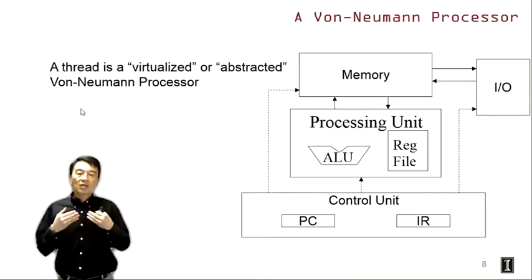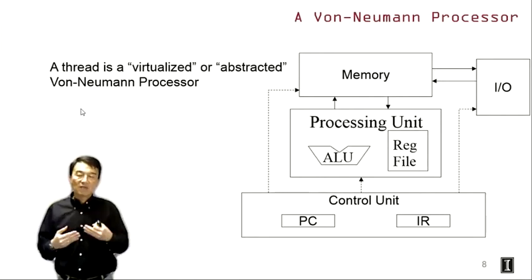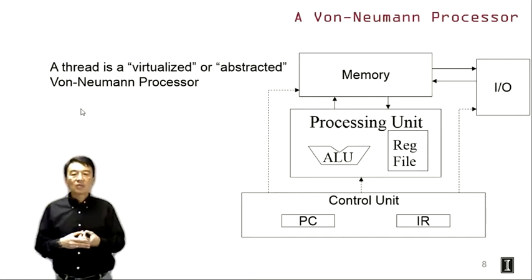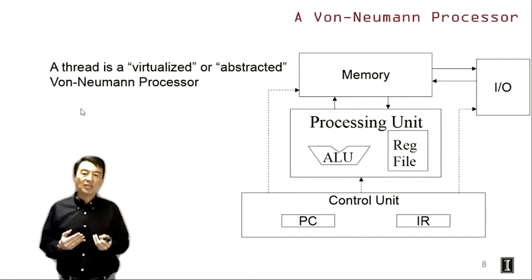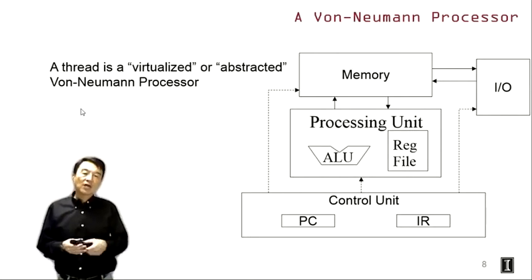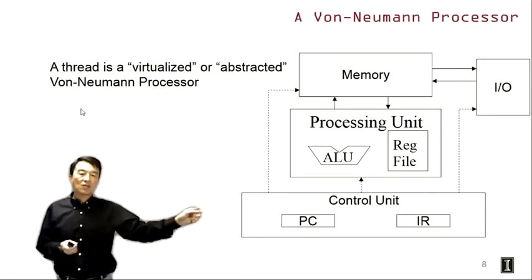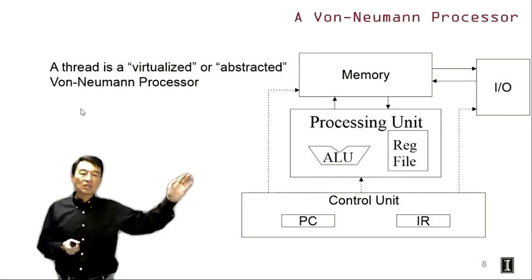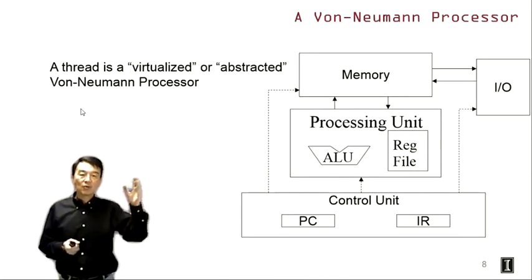So now we are ready to talk about more specifics about a CUDA thread. A CUDA thread is really a virtualized or abstracted von Neumann processor. You can think about every CUDA thread as one of these processors. So each of these processors will be able to execute a program.